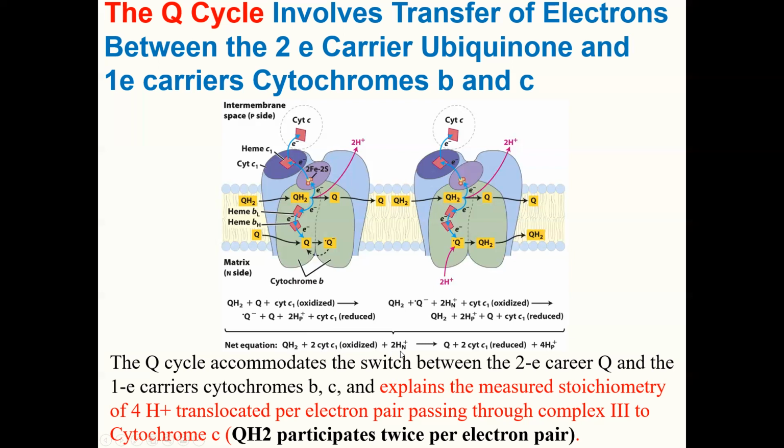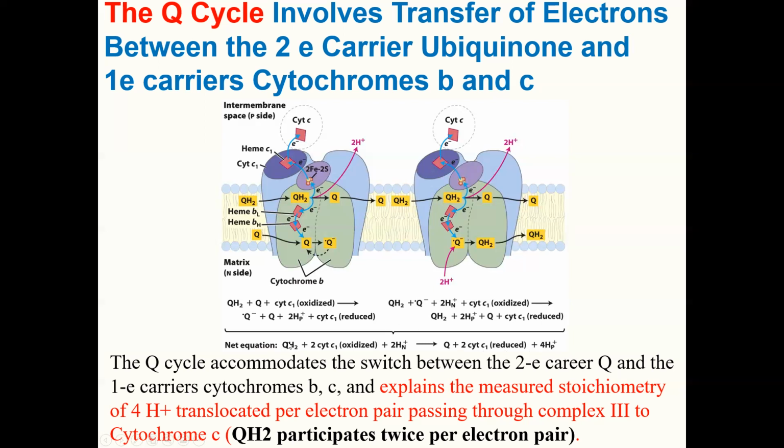And in that process, you are utilizing two protons from the N side, negative side, matrix side. The product is that you have one molecule of Q, two cytochrome C1 that are in the reduced form, and in that process you have pumped 4 protons on the P side. That's what the net equation is.